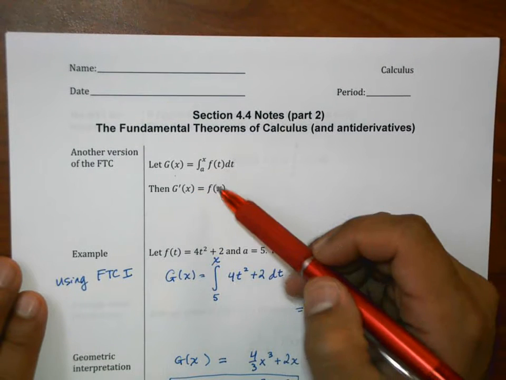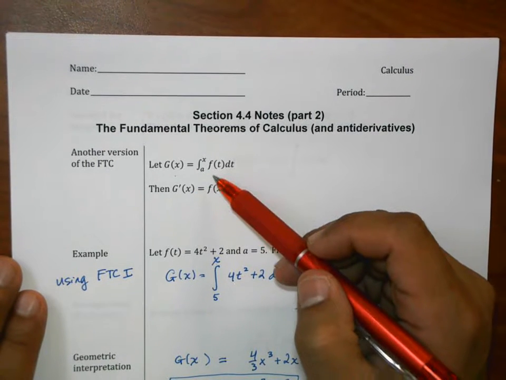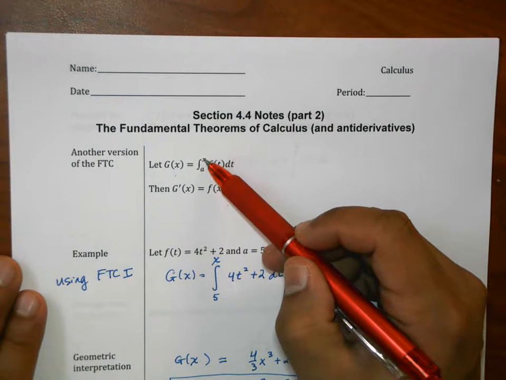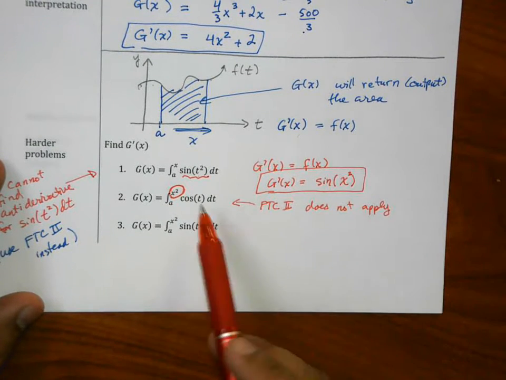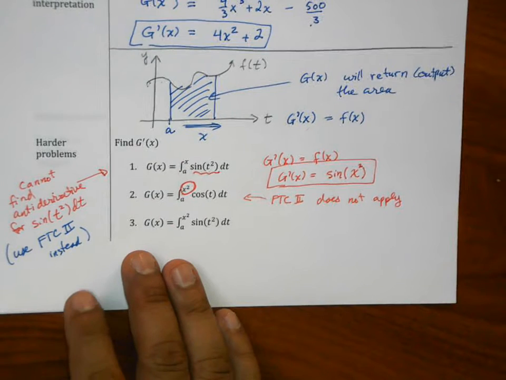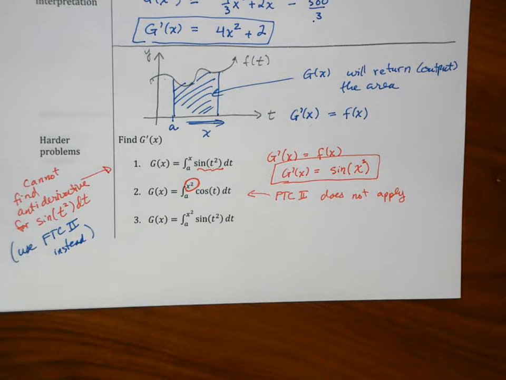Okay, because if you look at the explanation of the second version of the fundamental theorem, this statement here only works when the upper bound of the integral is x. Okay. In this case, we have x squared. Okay. So we have to try some other ideas and get a little bit more creative with this.